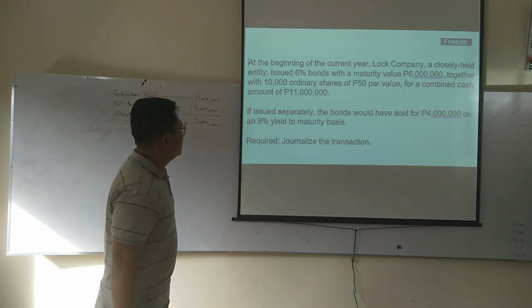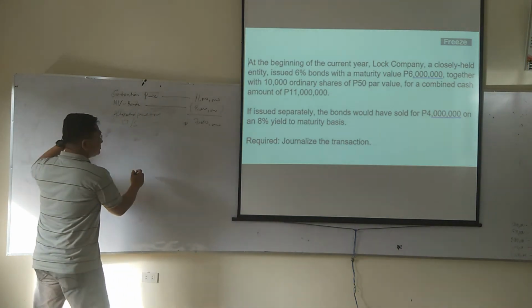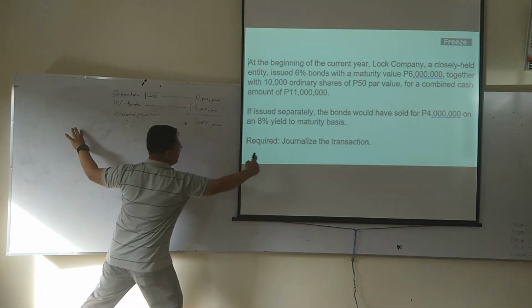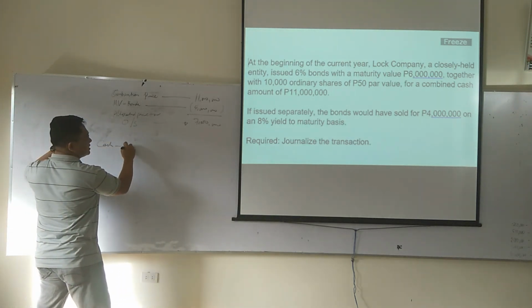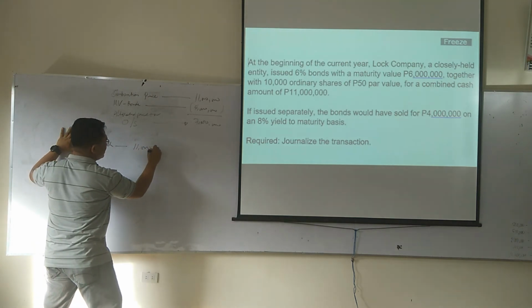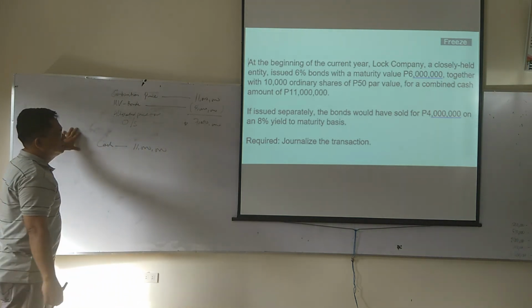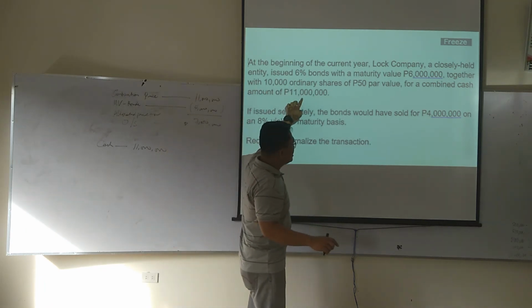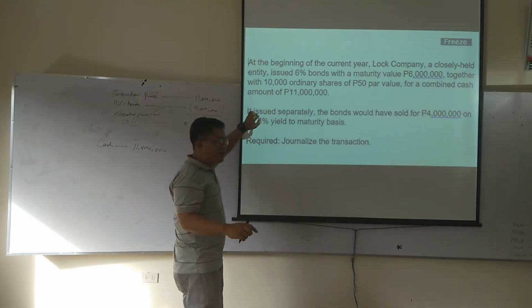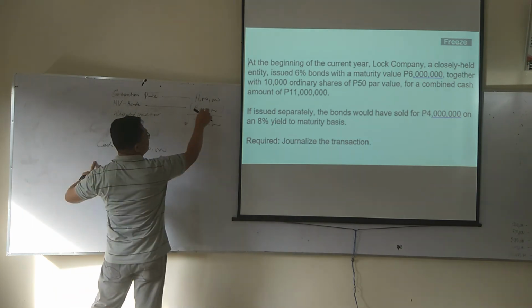So now we can journalize. Our requirement is to journalize the transaction. We receive, so debit cash 11 million. Bonds and ordinary shares should be recorded at par.